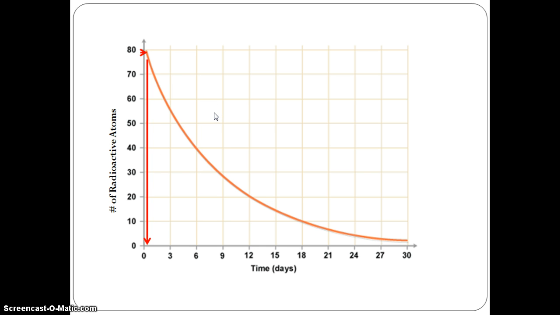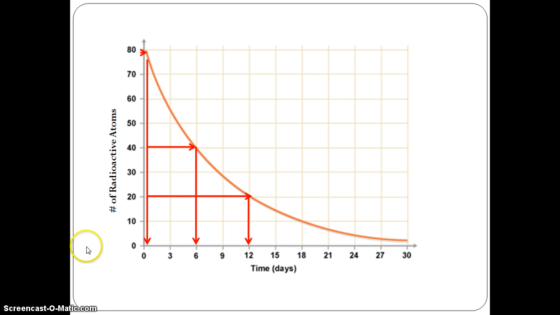Now, half of 80 would be 40, and this happens in 6 days. And then you keep going from there. So the half-life would be 6, and to check this, you can divide 40 by 2, which is 20, bring it over to the graph, and as you can see, it's another 6 days.